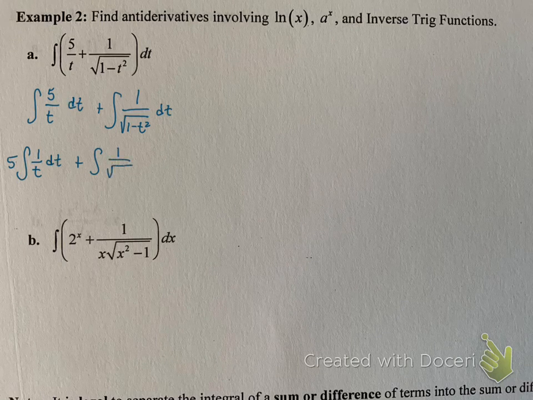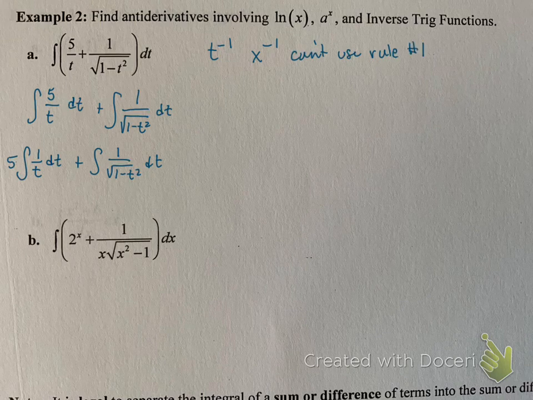Okay, so you would think for the first one that I would use rule number 1, but rule number 1 does not work for anything that's t to the negative 1. So if you have anything like x to the negative 1 or t to the negative 1, you can't use rule number 1, because it won't work.